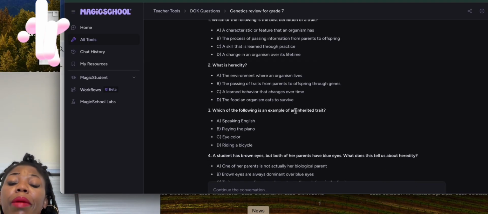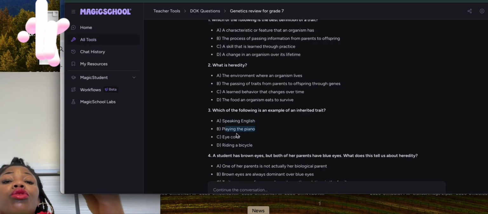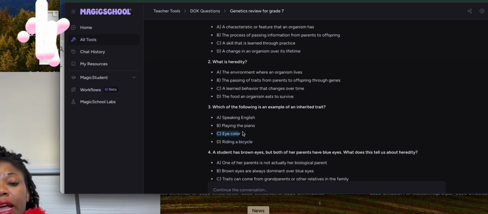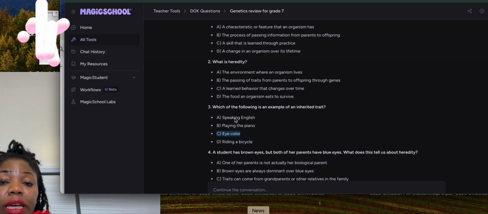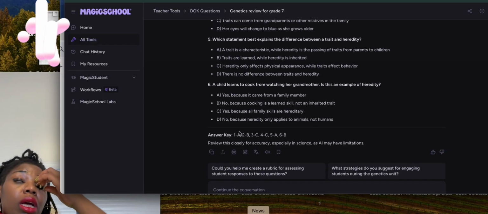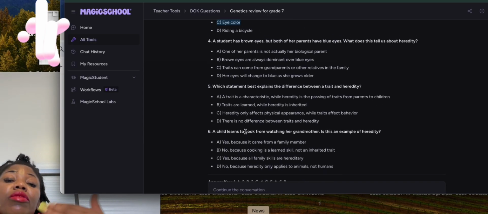Right. So remember, these questions, you can actually tell the MagicSchool AI to reduce the answer options. Let's say you have IEP kids who have accommodations and modifications, right? You can have these questions trimmed down to maybe 3 options only, or 2 answer options, as well as cut the number of questions.